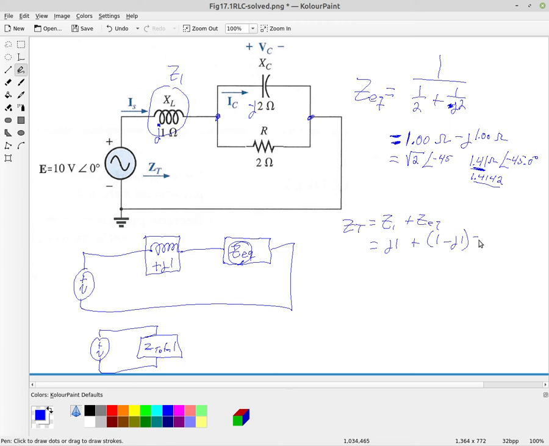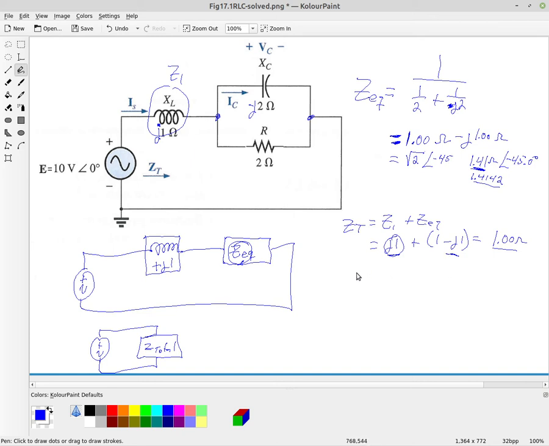Okay, and so when we add that up, in this case adding up in rectangular form works very nicely because we're simply left with 1 ohm. Okay, so we're left with 1 ohm. There's no J. We had plus J1, we have a minus J1. They disappear, and we are simply left with 1 ohm.